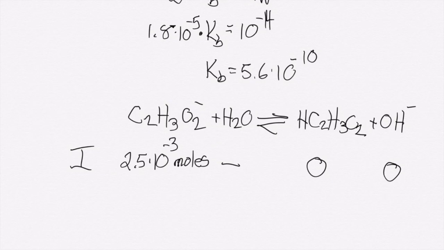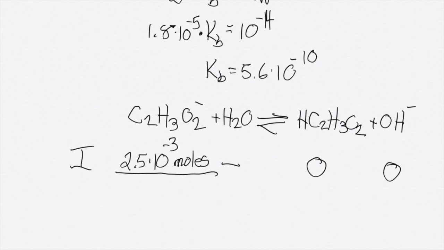But we can't use moles in an ICE table. We have to use molarity. Well, we know the moles, so we just need to know the volume that this acetate ion occupies. Well, we started off with 25 milliliters of acetic acid. We added 25 milliliters of our sodium hydroxide, so we now have a grand total of 50 milliliters.